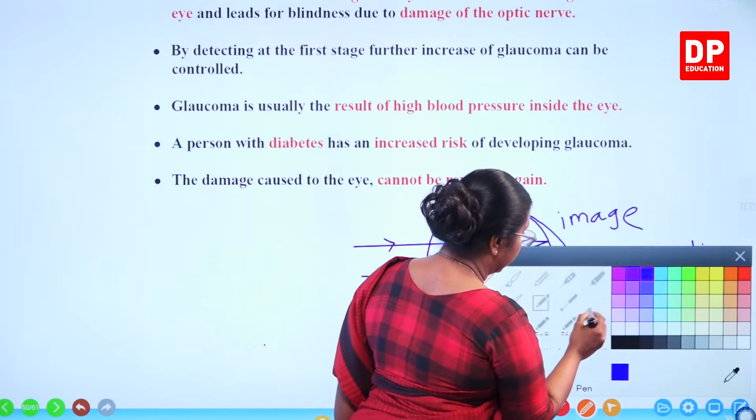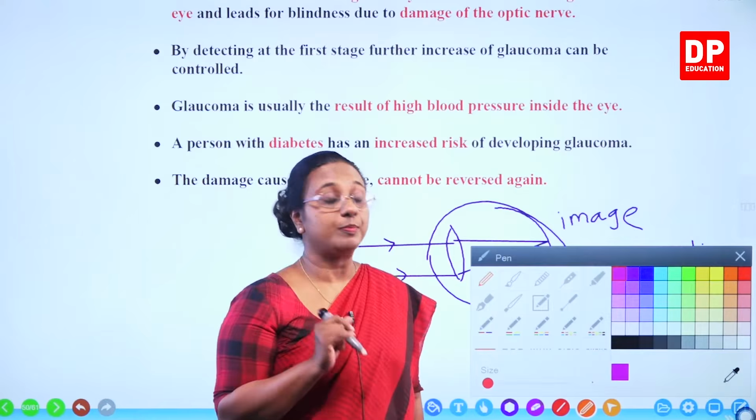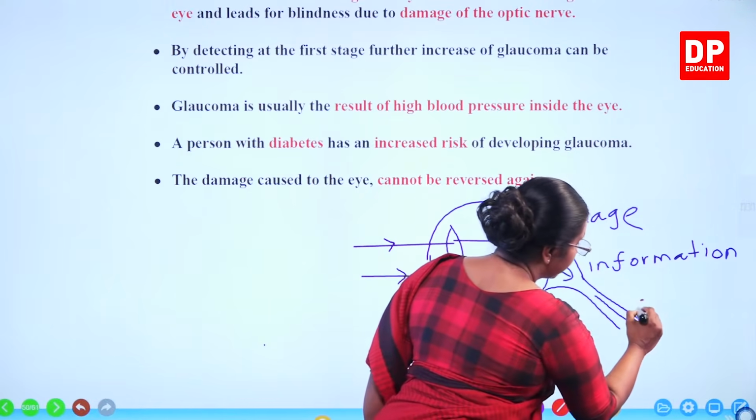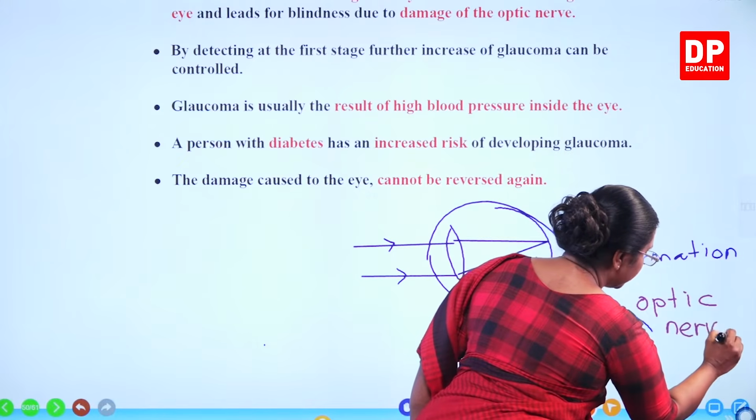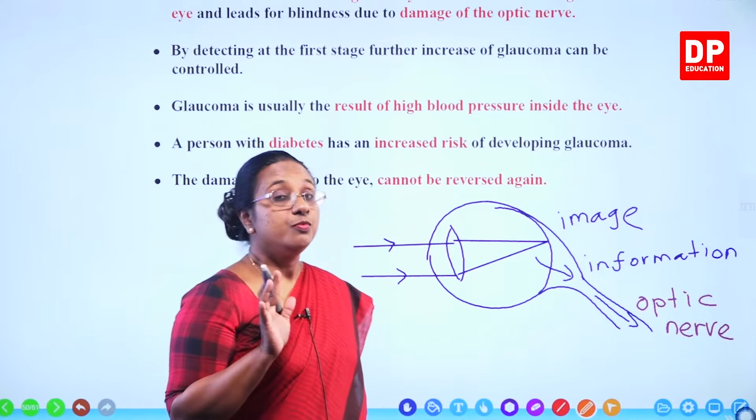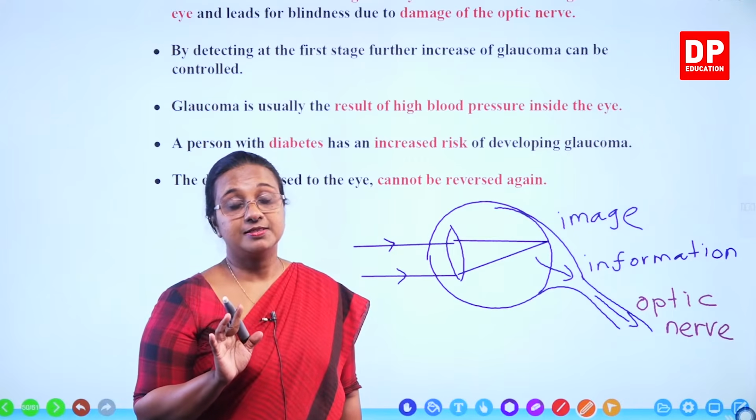So here the important factor is the optic nerve. Here you can see the optic nerve carries the information to the brain.